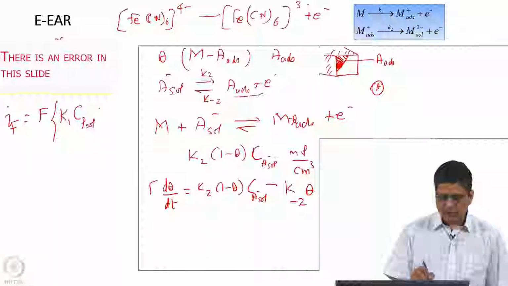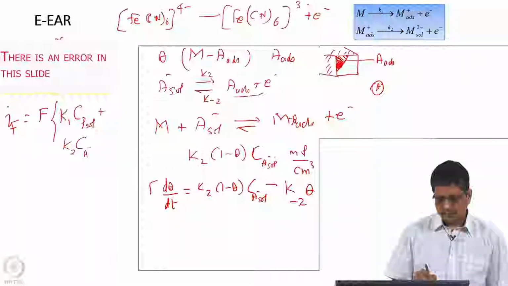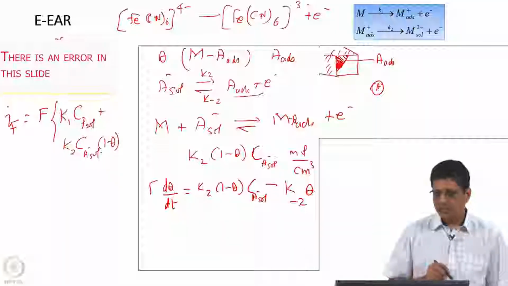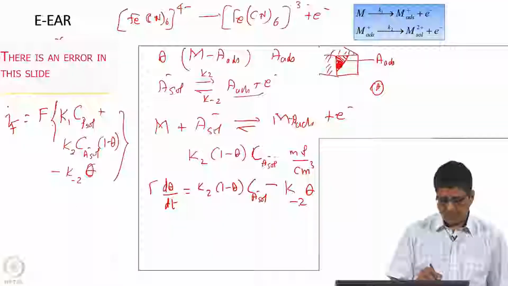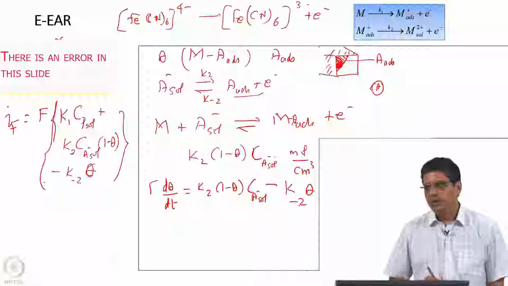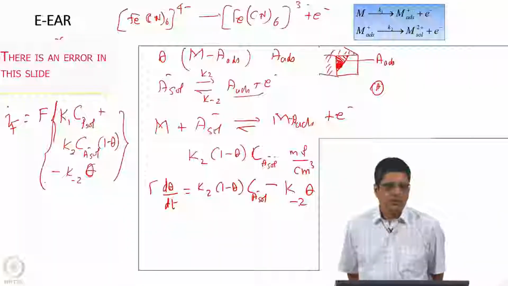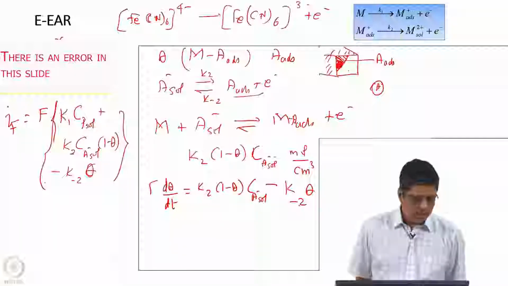The second reaction has a forward and reverse reaction. Therefore, the current is going to depend on 3 terms here, K1, K2, K minus 2.